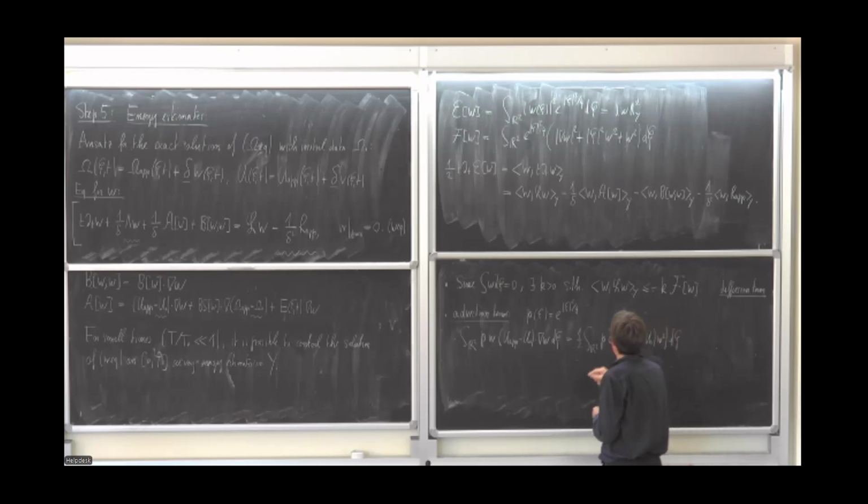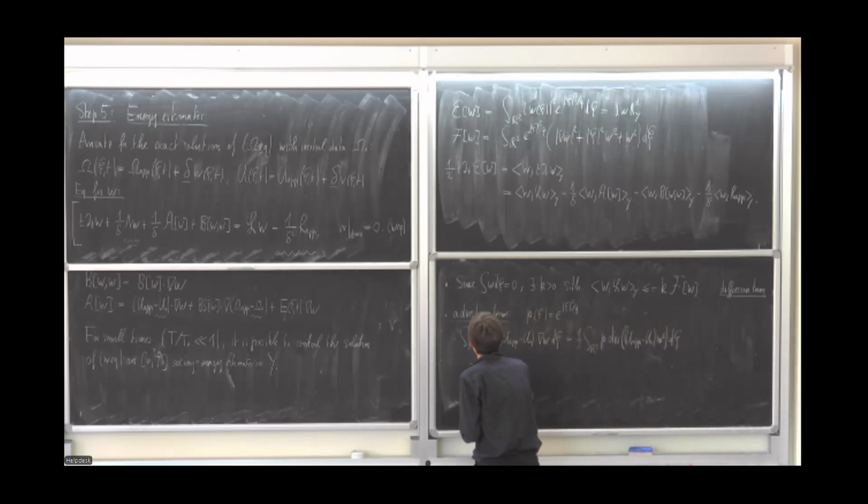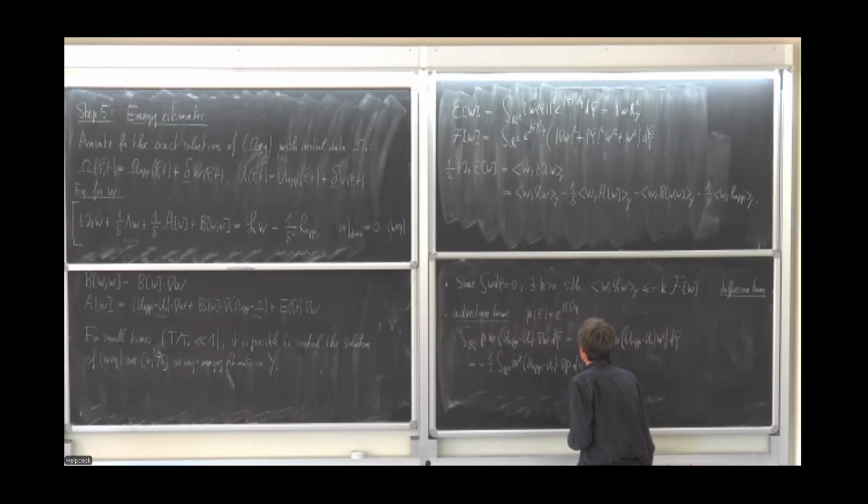Then I integrate by parts and I obtain minus 1/2 integral over R2 of W squared, UR minus U0 dot gradient of P psi.